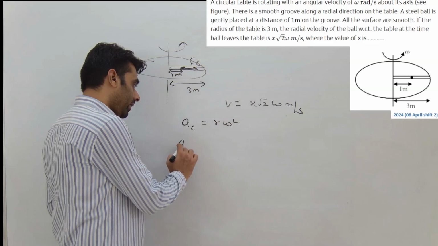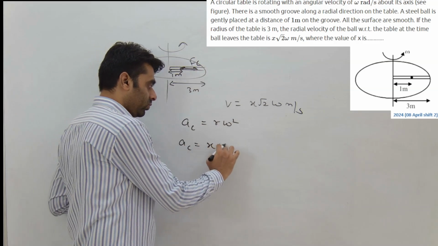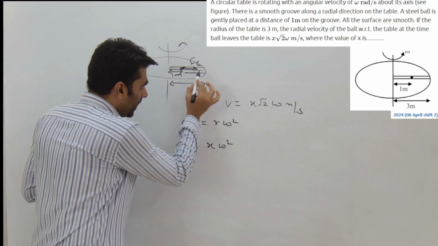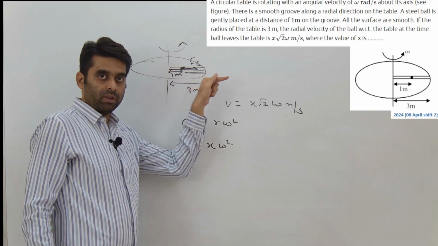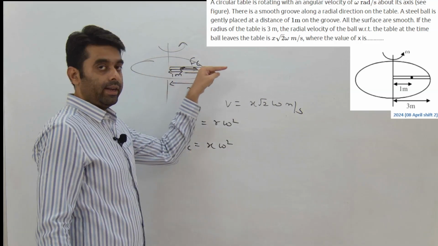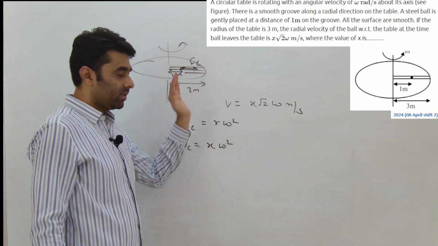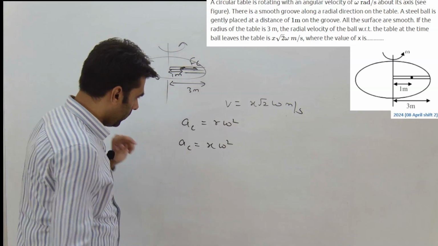So we can write it as a function of x. Basically we can write it as x omega square. What is x over here? This distance, because obviously x will change, because the steel ball will experience centrifugal force and move radially outward. So as x, that is the distance from the center, changes, this acceleration will also change, right? So well and good.